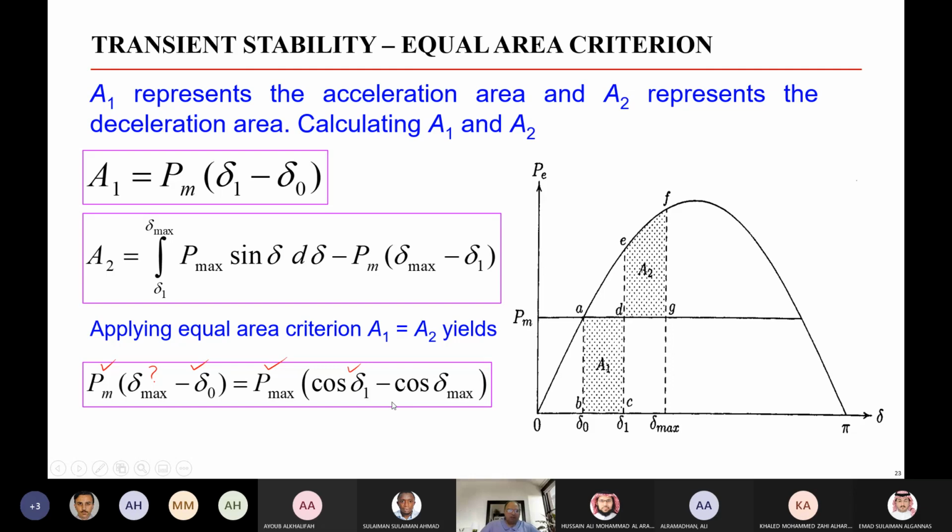So by double integration of the swing equation, you can have the angle corresponding to the critical clearing time, or the fault clearing here. So in this case, you have delta max unknown, and of course you can solve by trial and error. Okay.